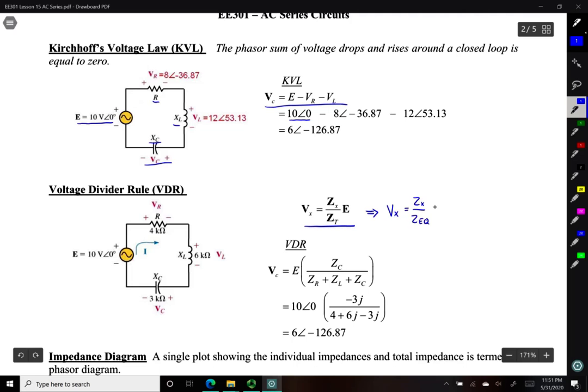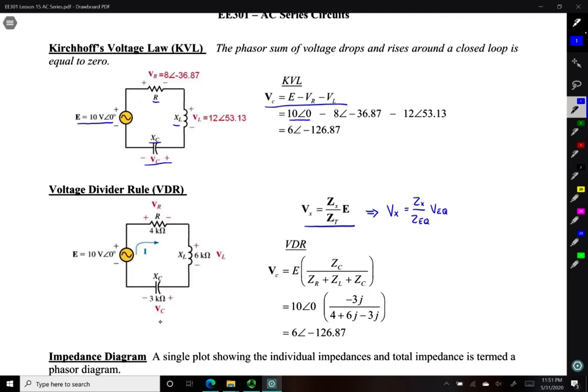And we have Z of x, which is the impedance of interest that we're looking for the voltage drop, over Z equivalent, which is the equivalent impedance for the series elements, and we'll multiply that by the voltage drop across that equivalent impedance. Okay.